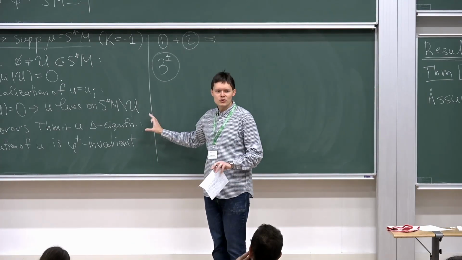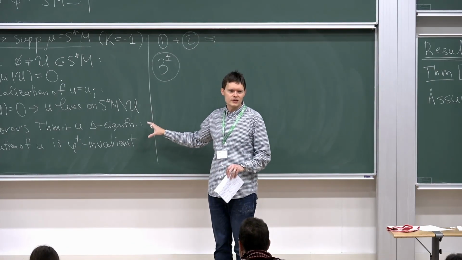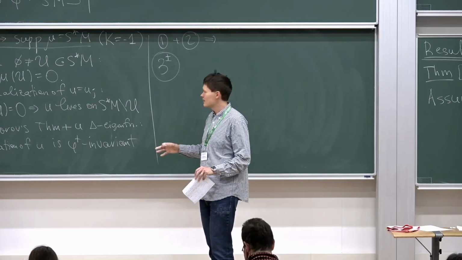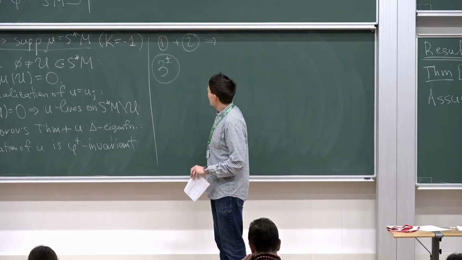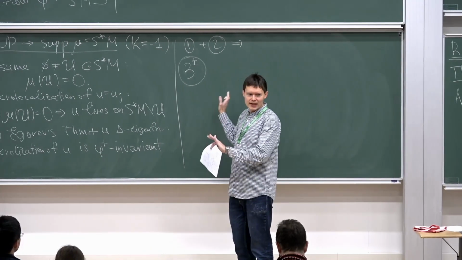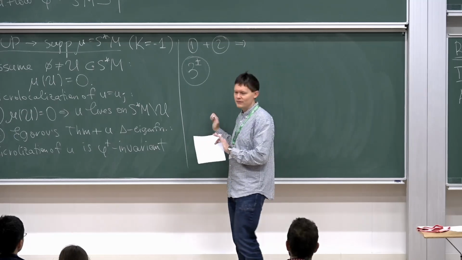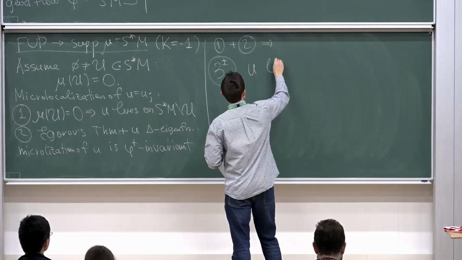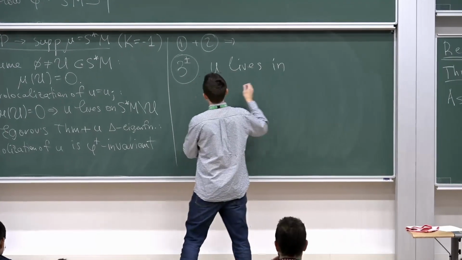Now, there is a limit to how much we can actually make sense of this microlocalization, given by the classical uncertainty principle. So, what you can show, and even here I'm lying by an epsilon, you can show that U lives in the following two sets.